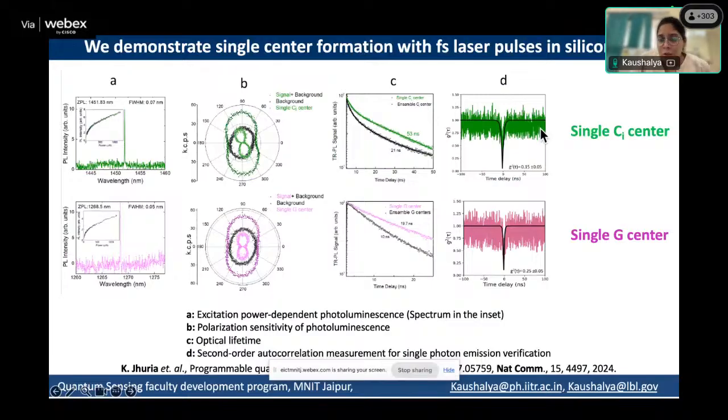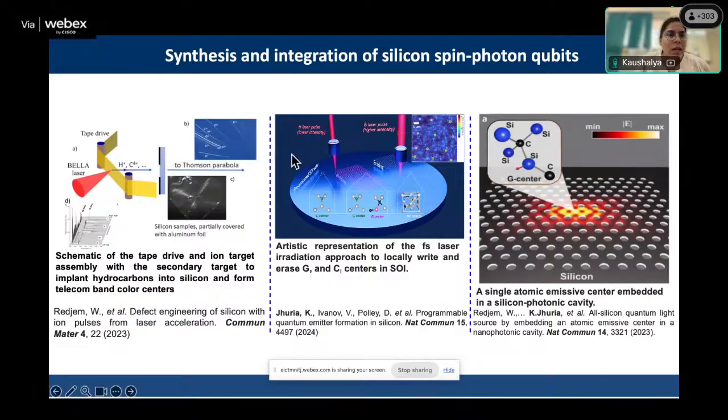And these sources, as I also mentioned, if in their structure they have some spin degree of freedom, they qualify not only to be called single photon sources, but also spin photon qubits, because you have the spin, you have the photon, and you can directly use it for qubit operations. Now, a sort of summary for that part.